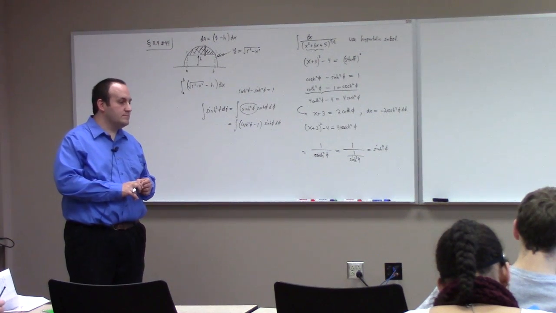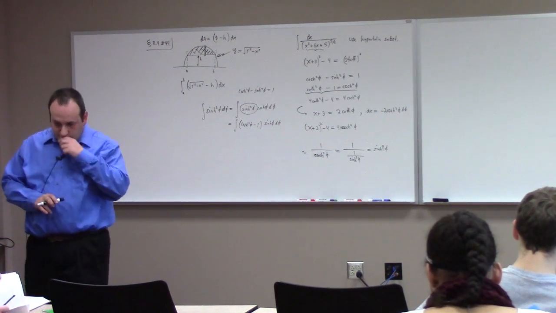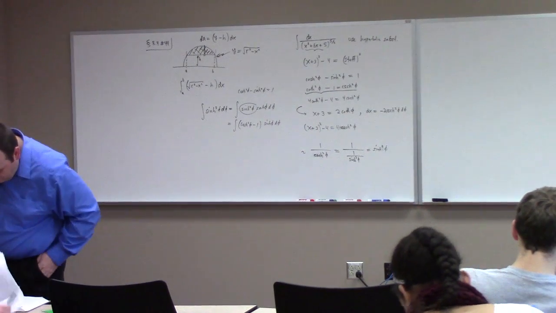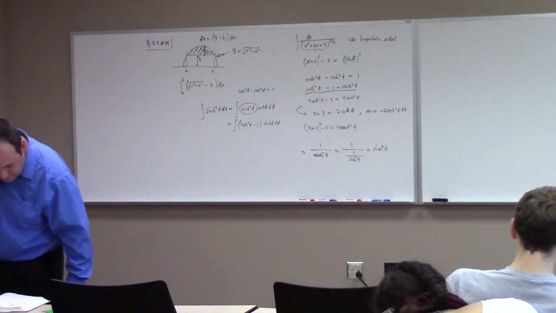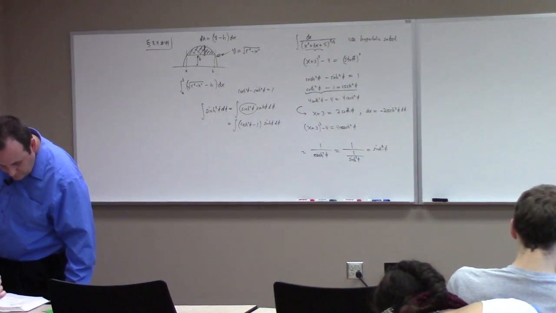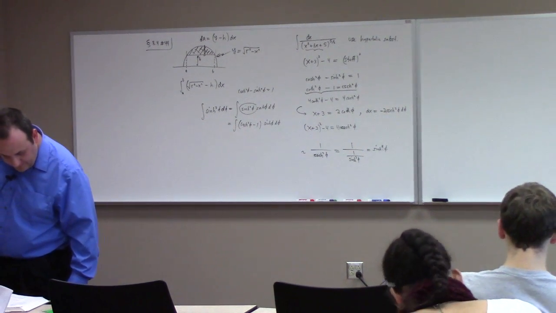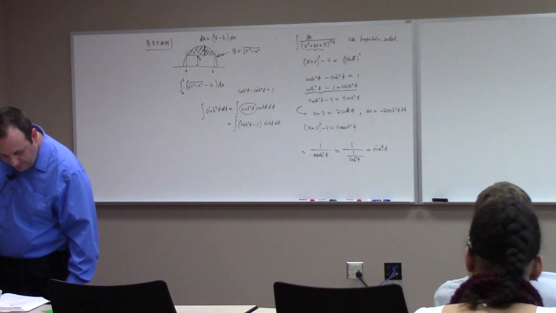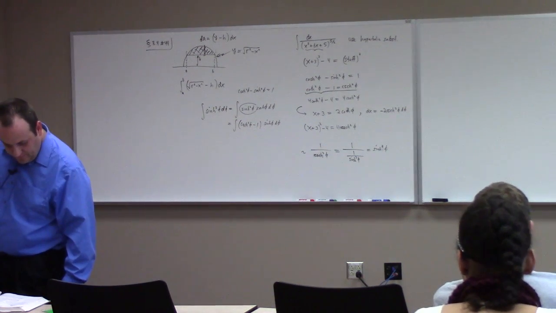Number 48, 8.4. So you're supposed to find the volume of a torus.